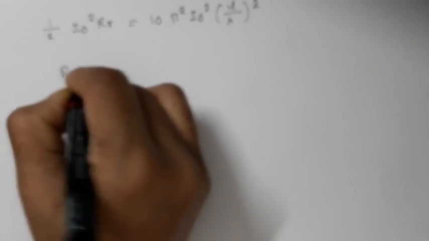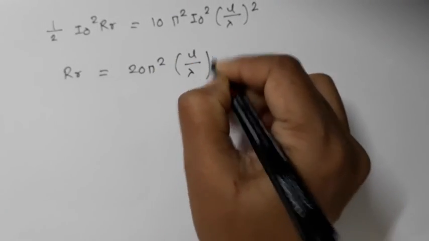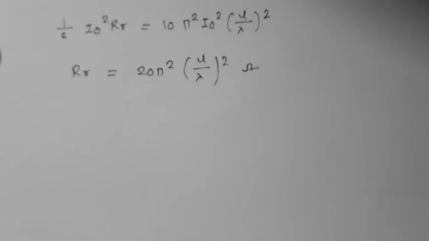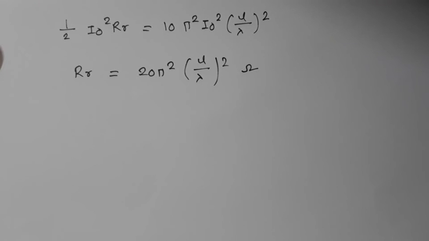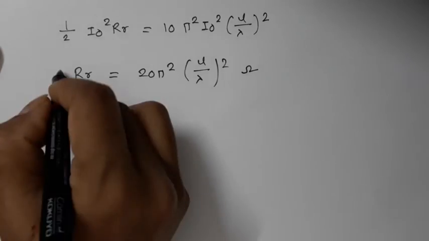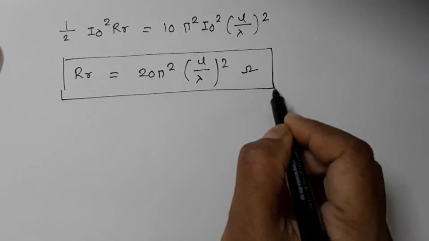So RR is equal to 20π squared (L by λ) squared, and as this is a resistance, the unit will be ohm. This is the radiation resistance of the infinitesimal dipole.